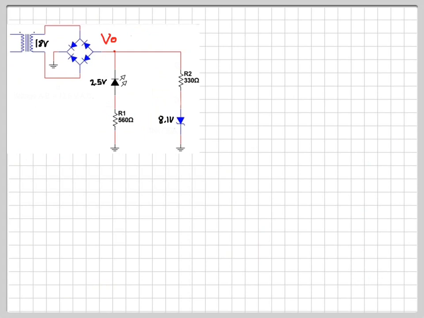Okay, so assuming we have a nominal forward voltage drop on the LED of 2.5 volts, which was given right here. So the peak VO equals 24.06 volts.